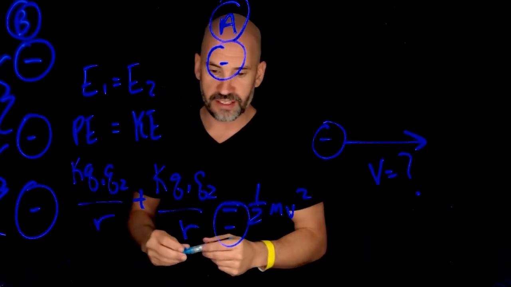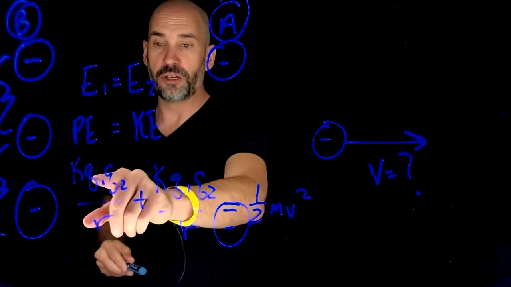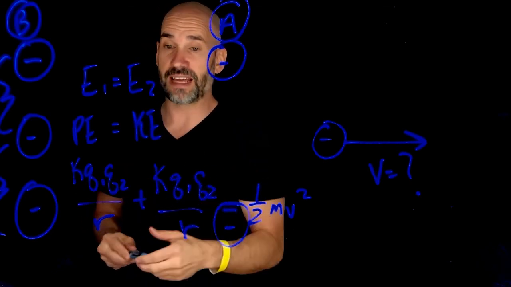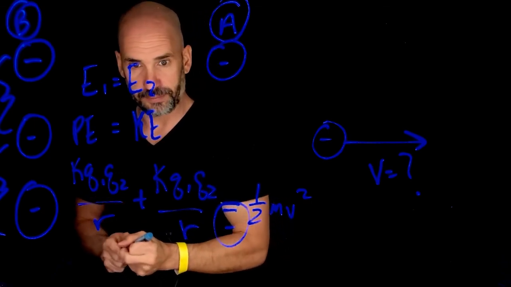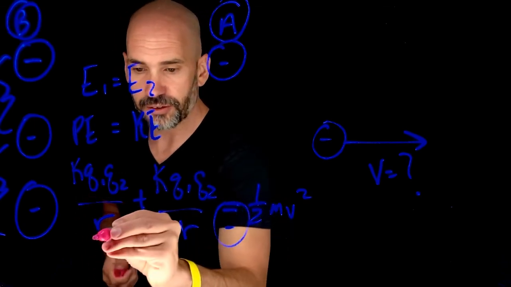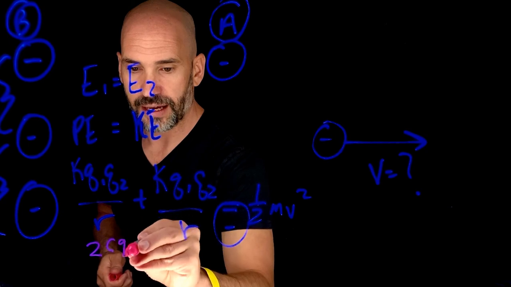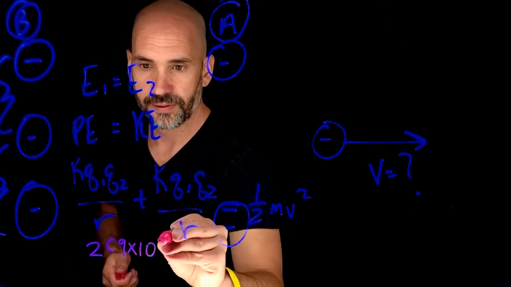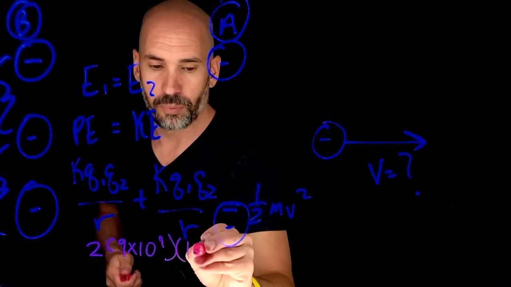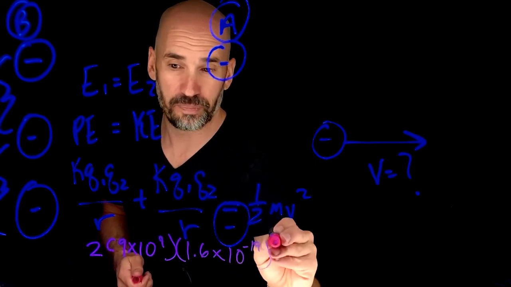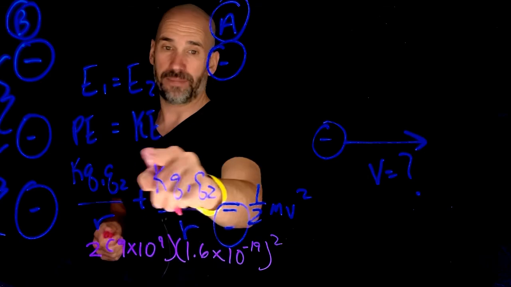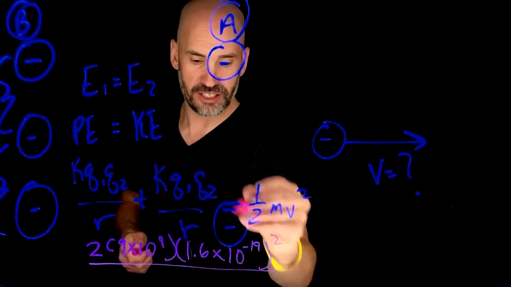We've been told that these are both electrons, so we know the charge is 1.6 times 10 to the minus 19. Basically all we have to do is say 2 times 9 times 10 to the 9 times 1.6 times 10 to the minus 19 squared, because these two charges are the same, all divided by the distance between them.